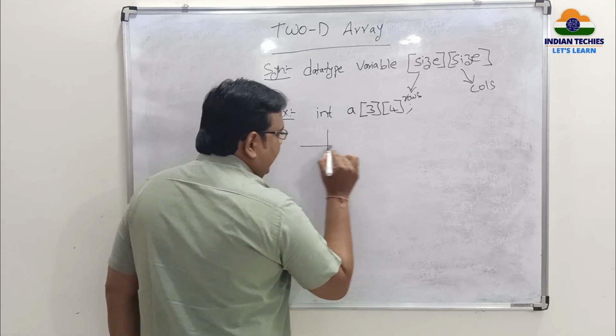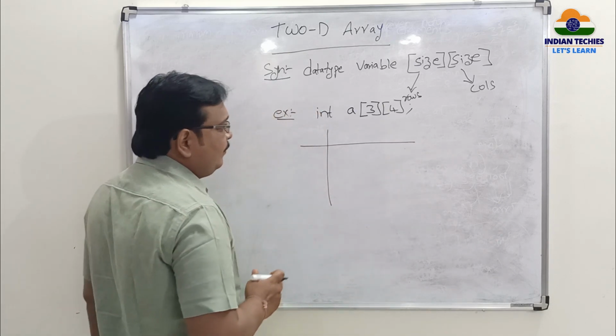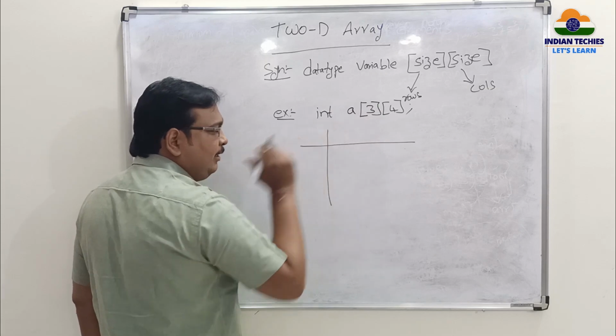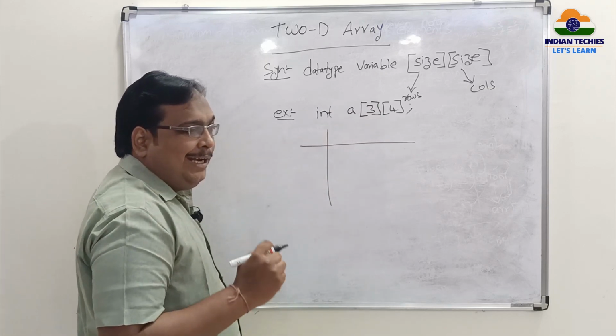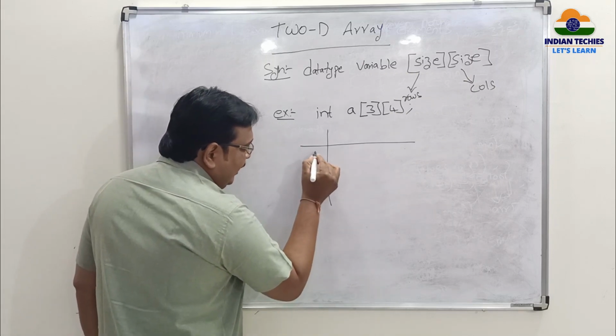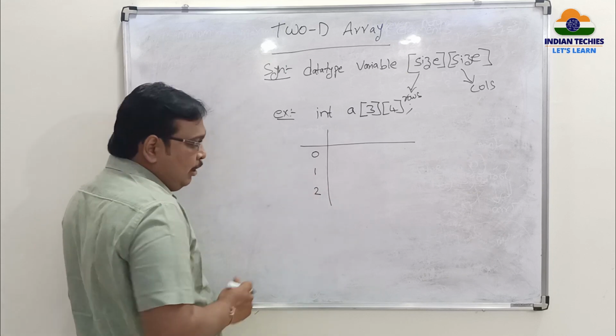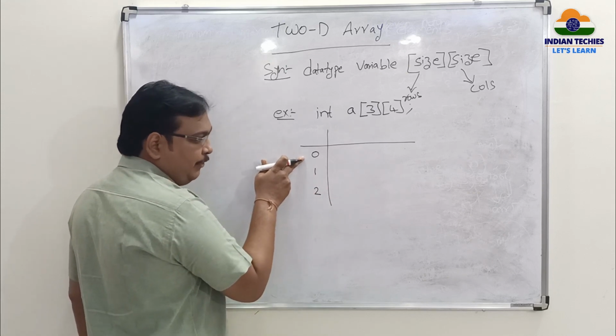So, I am writing a tabular, row and column representation. How many rows? I said 3 rows. But an array allocates its positions from 0, so it will be the 0th row, first row and second row. Total 3 rows, but it starts from 0.